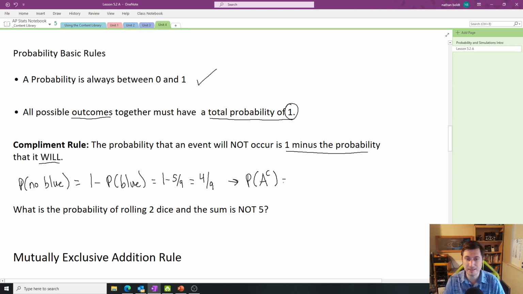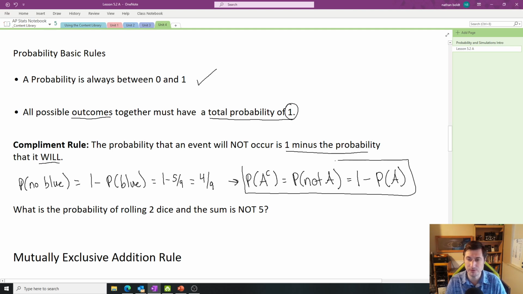So that is the same as the probability of not A, which is equal to 1 minus the probability of A. So that's just a little syntax you want to remember if you see that little power of C. That is a complement. That is the probability of it not happening.